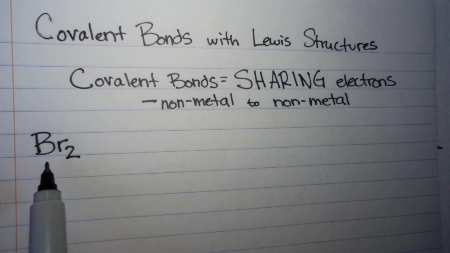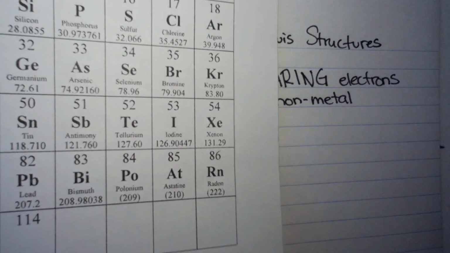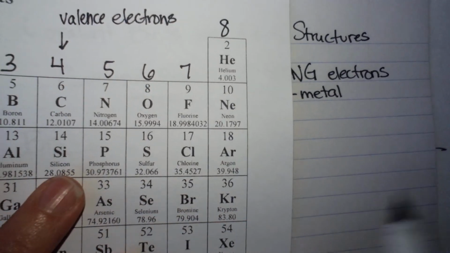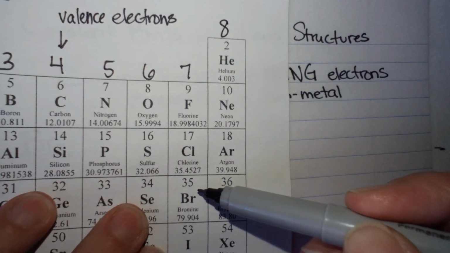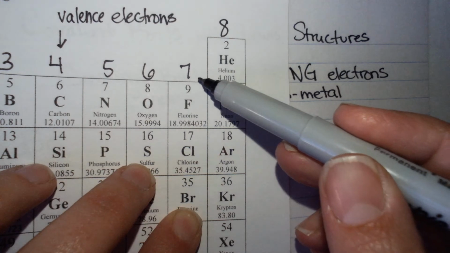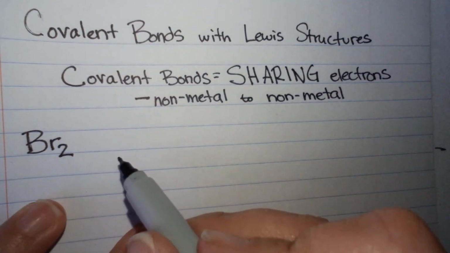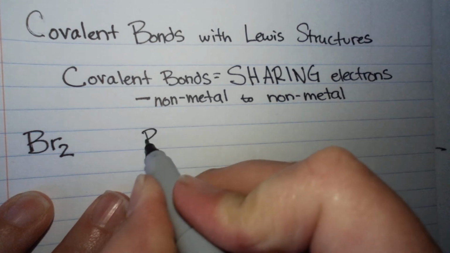First of all, what element is that? Bromine. Okay, so when we look on our periodic table and we find bromine, number 35, how many valence electrons does bromine have? 7. Alright, so we know that we have bromine.